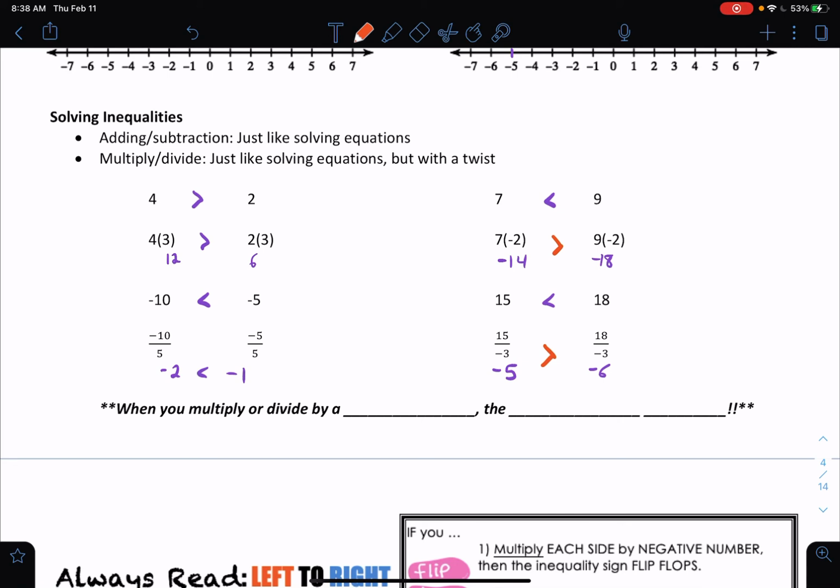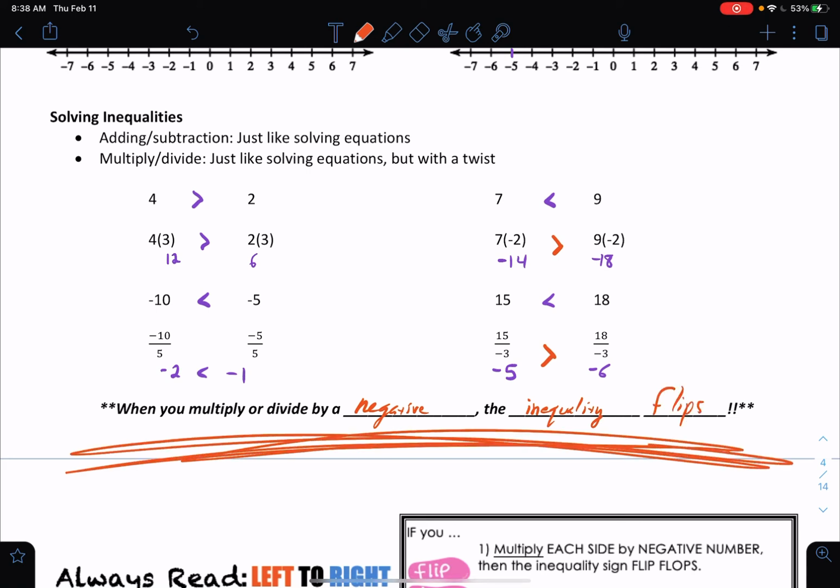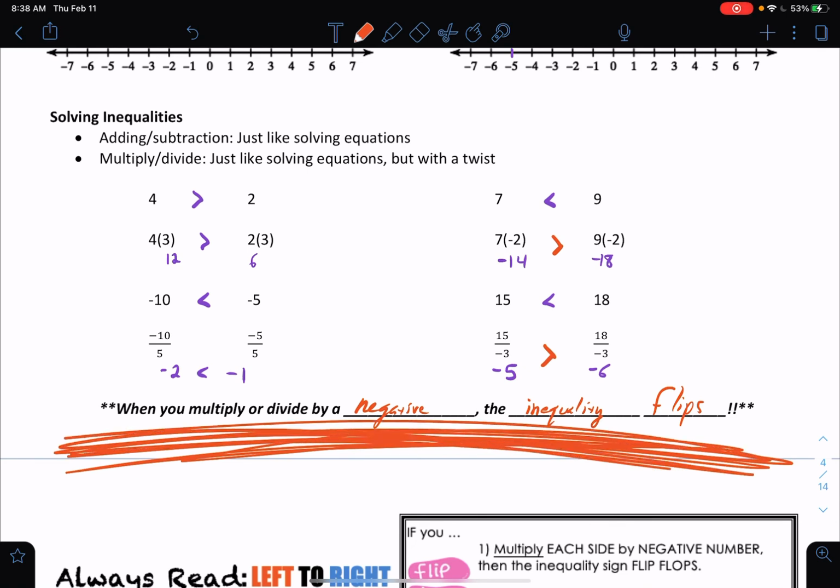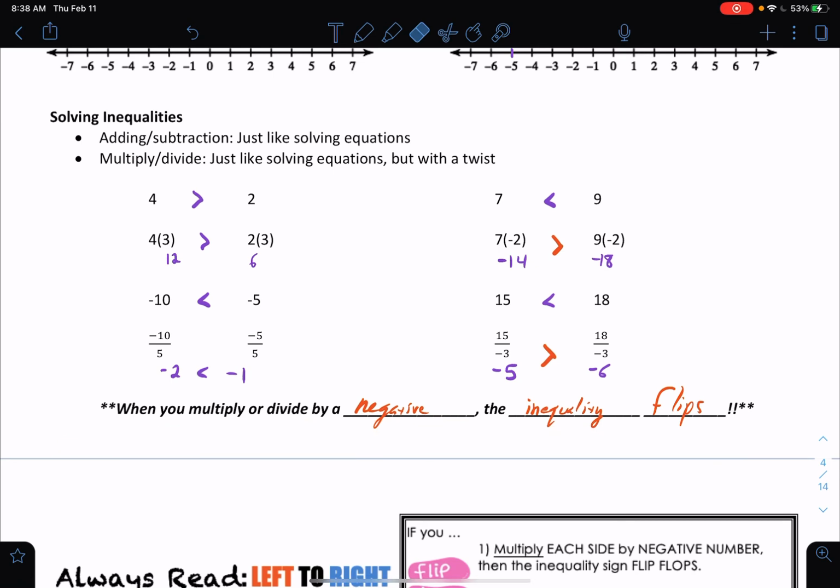Because when I multiply or divide by a negative, the inequality flips. You must remember this. This is what makes inequalities different than just solving regular equations: when I multiply or divide by a negative, the inequality flips.